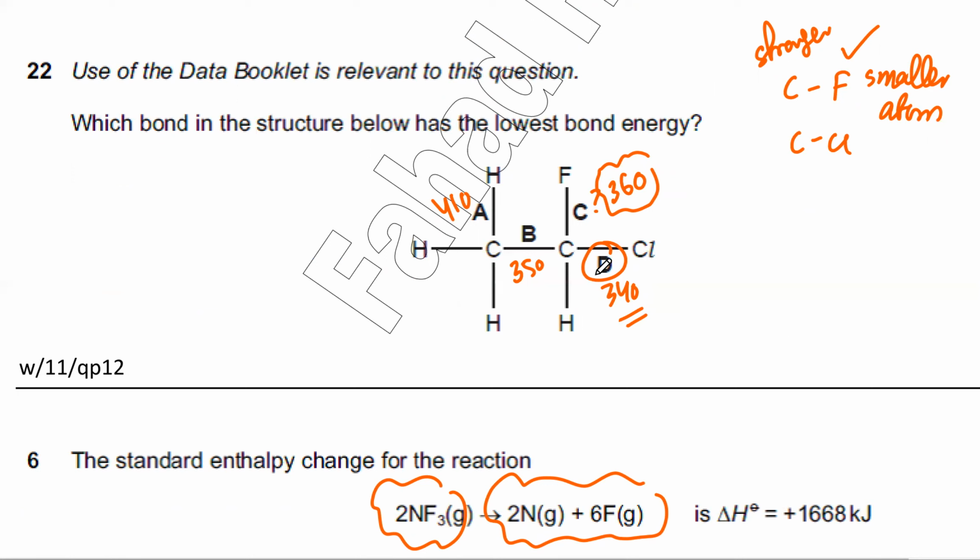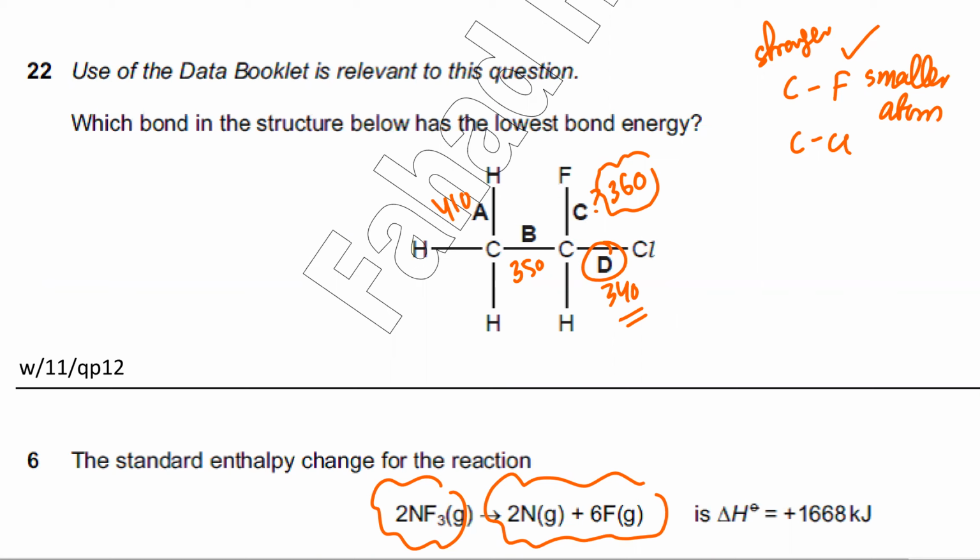The only problem was I didn't have the C-F bond energy, but I was able to figure out that it's a smaller atom, which is why it's going to be stronger, which is why it would be more difficult to break. So its bond energy would be higher. If it's higher than 340, that means 340 is the lowest, right? So hopefully this question is also clear.